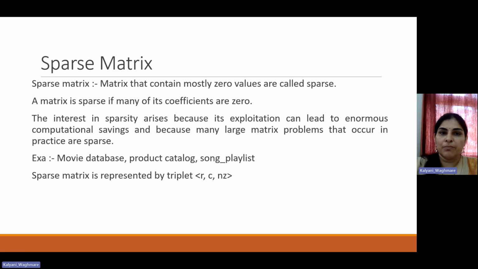It is represented by a triplet, where it stores the row number, the column number, and the non-zero term at that particular element.